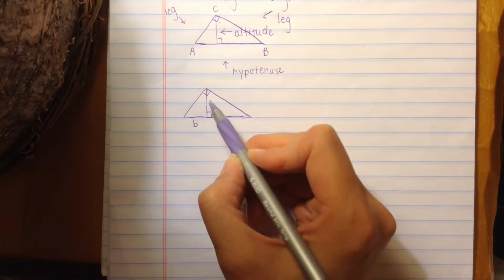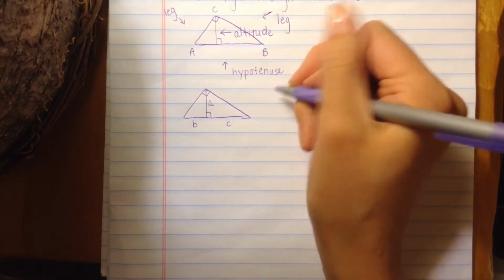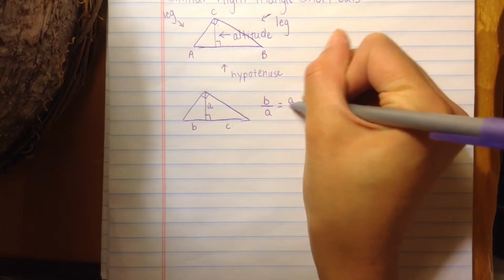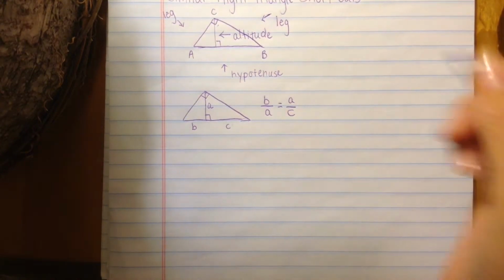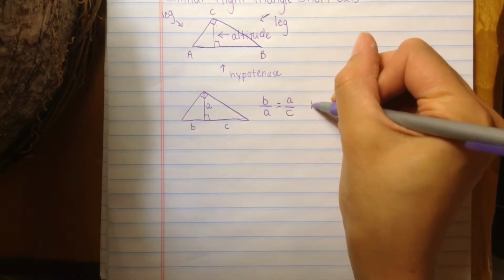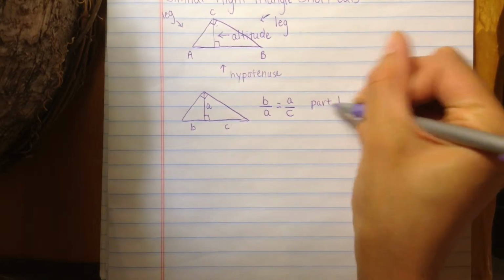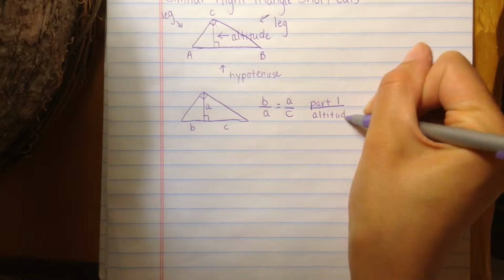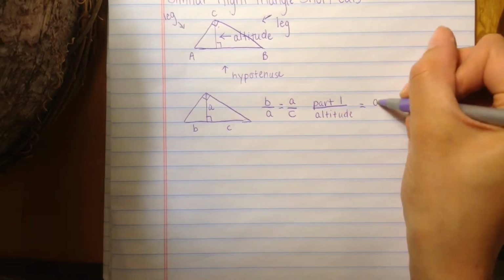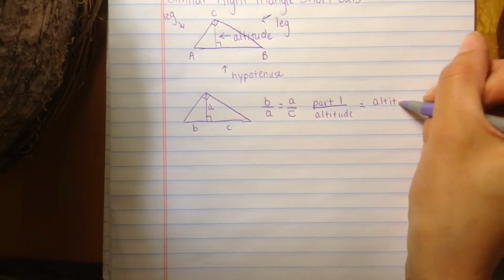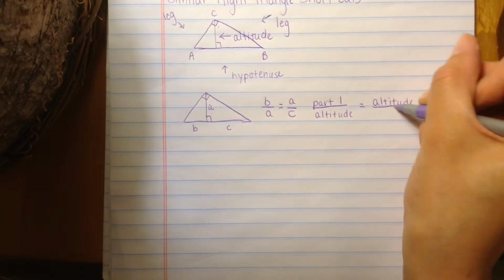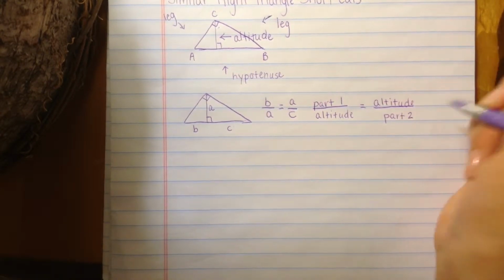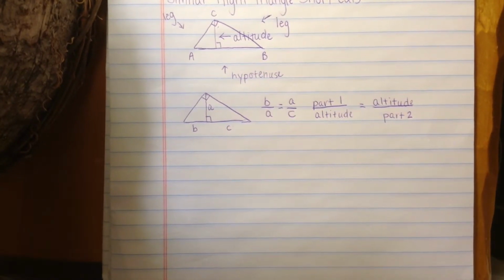So if I go short over long, short over long, B over A is equivalent to A over C. Or the pattern, in other words, is part 1 of the hypotenuse over the altitude is equal to the altitude over part 2 of the hypotenuse. And that would save me all that time of drawing it out.